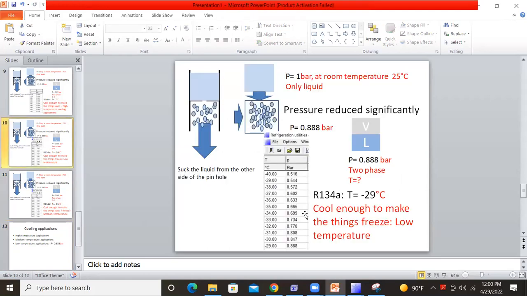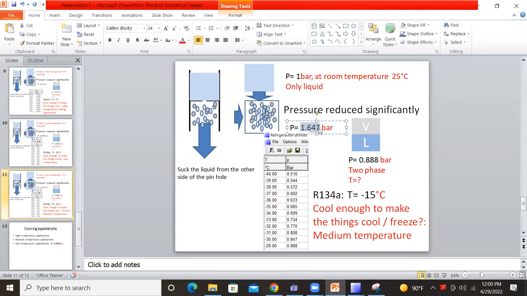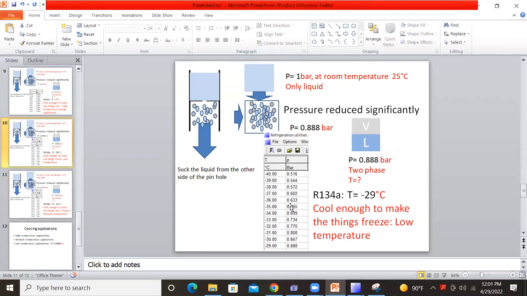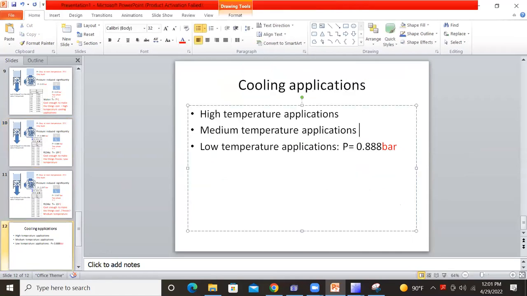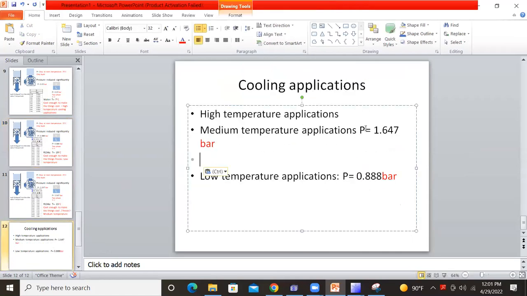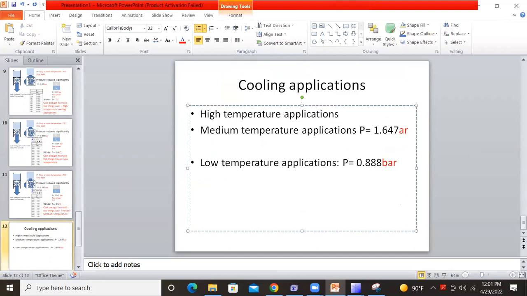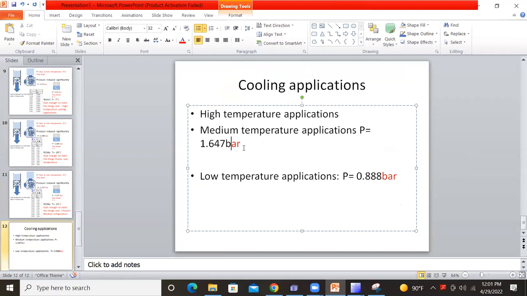Medium temperature minus 15. Pressure is 1.647 bar.